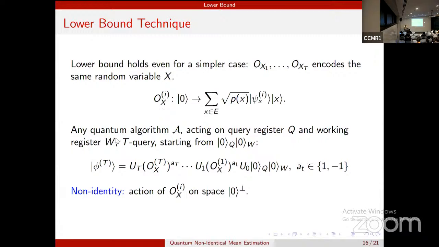So consider any fixed quantum algorithm which starts from the 0 state and contains T queries. We can always assume that the qubits used in the algorithm are divided into two parts, the query register Q and the working register W. And each time when we want to apply a query, it is applied to the query register.